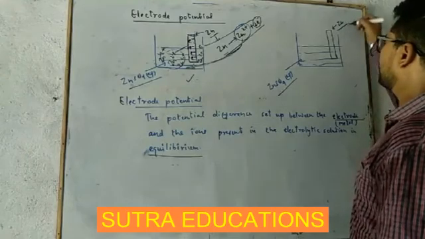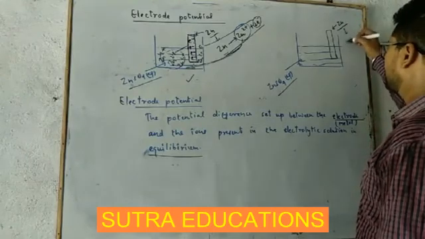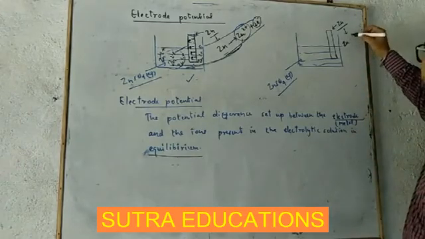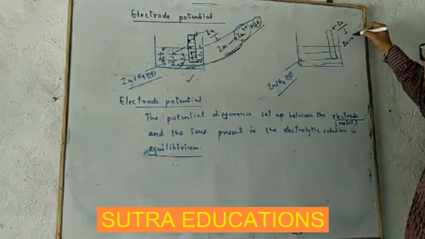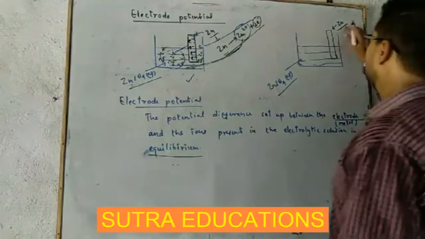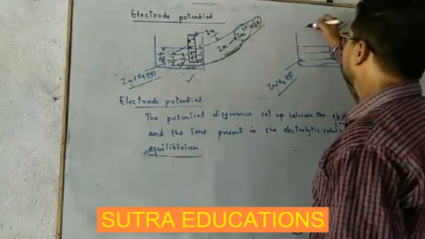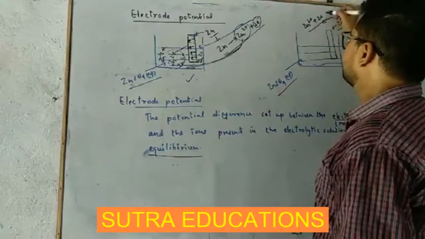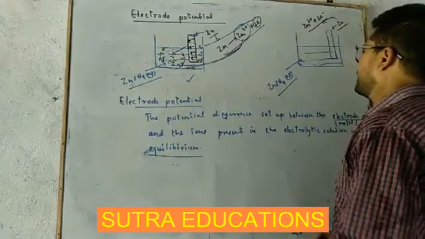So the zinc rod has a tendency to oxidize, so it will convert into Zn2+ by releasing 2 electrons.